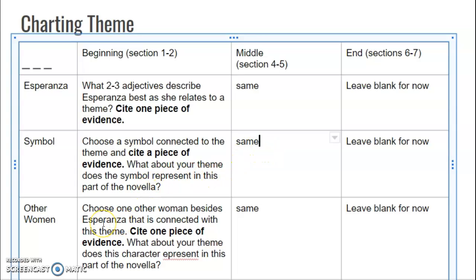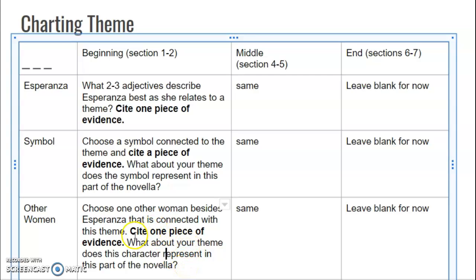Then you also need to do the other women row. So the other women prompt is choose one other woman besides Esperanza that is connected with this theme. Again, pick a theme. Cite one piece of evidence. What about your theme does this character represent in this part of the novella?